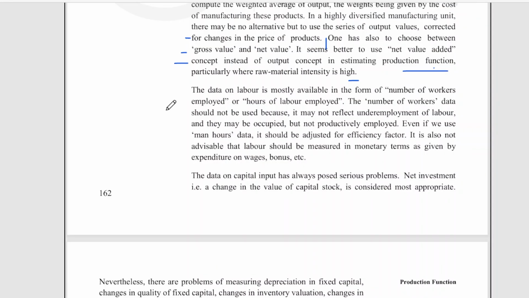The number of workers data should not be used because it may not reflect underemployment of labor, and they may be occupied but not productively employed. Even if we use man hours data, it should be adjusted for efficiency factor. And it is also not advisable that labor should be measured in monetary terms as given by expenditure on wages, bonus, etc.